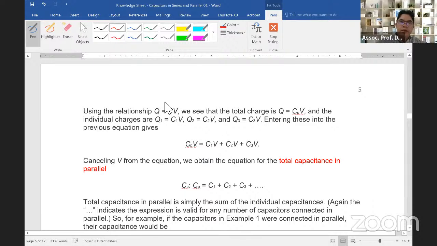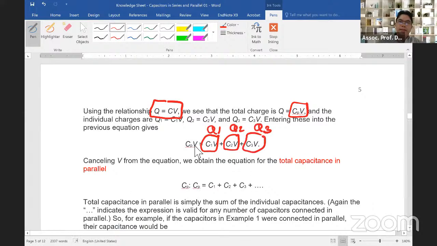Because Q equals C multiplied by V, right? So if we need the total capacitance, we use CP multiplied by V, and then it's for Q1, Q2, and QT.